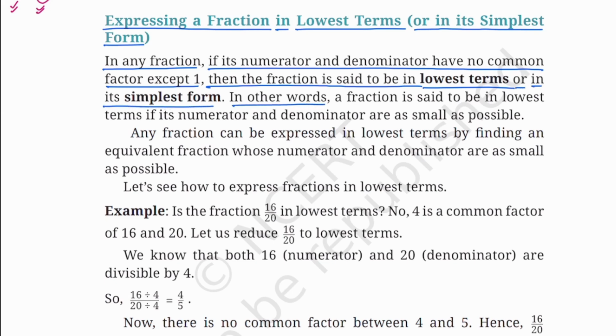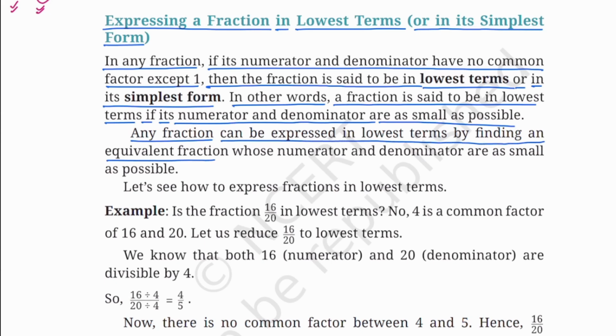In other words, a fraction is in the lowest terms if its numerator and denominator are as small as possible. Any fraction can be expressed in lowest terms by finding an equivalent fraction whose numerator and denominator are as small as possible. Let us see how to express fractions in lowest terms.